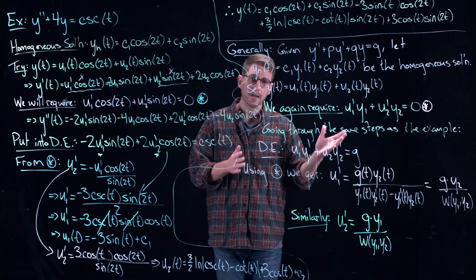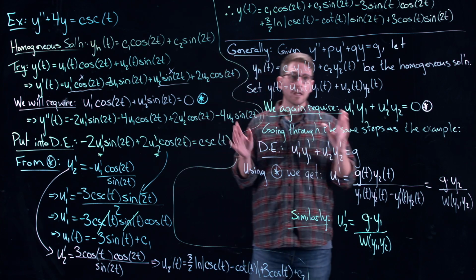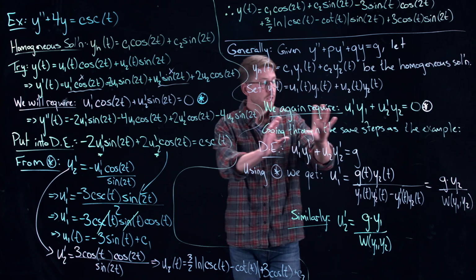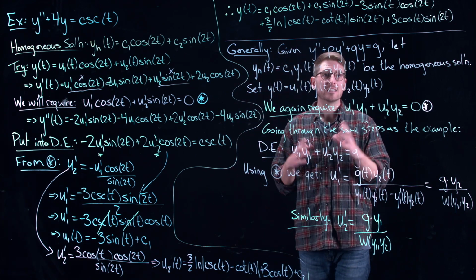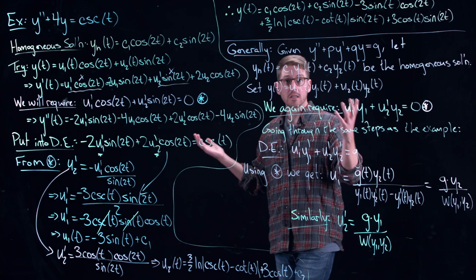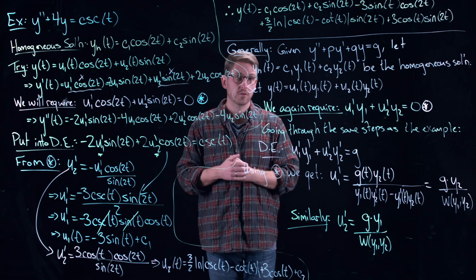Whether or not that integration is easy is a whole other problem, but in principle, integration can be done, maybe with the help of a computer. And so we've got ourselves into an area where we can handle this. At least it's something feasible, instead of a completely confusing and perplexing and almost impossible looking differential equation.